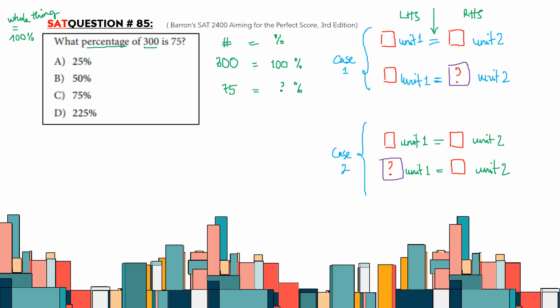So the trick right here is we will multiply across with all of the givens. The givens are in the red box, given numbers or letters. A letter stands for just a number as well.